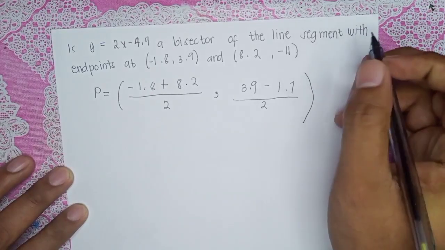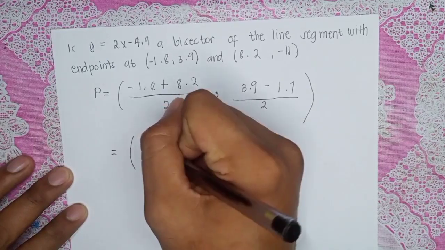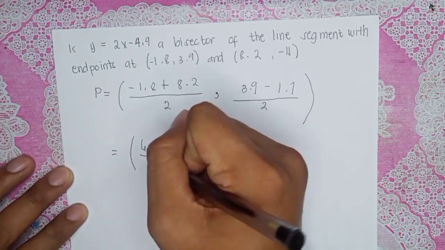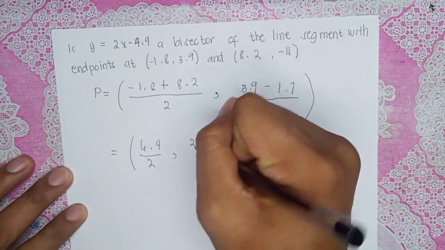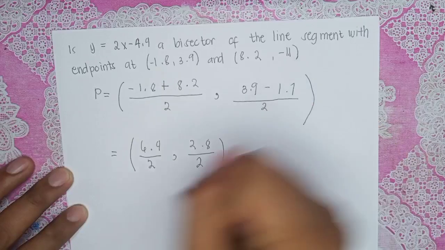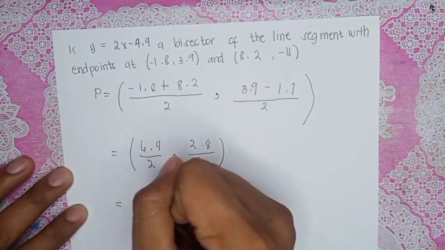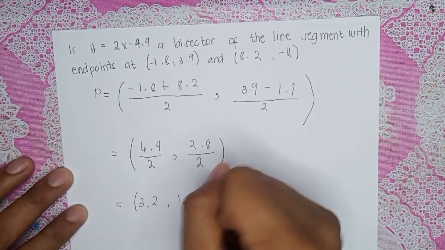Then this is equal to 6.4 divided by 2 and 2.8 over 2, which is equal to 3.2 and 1.4.